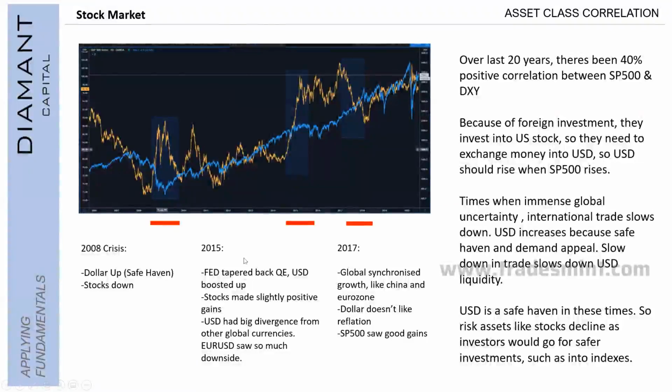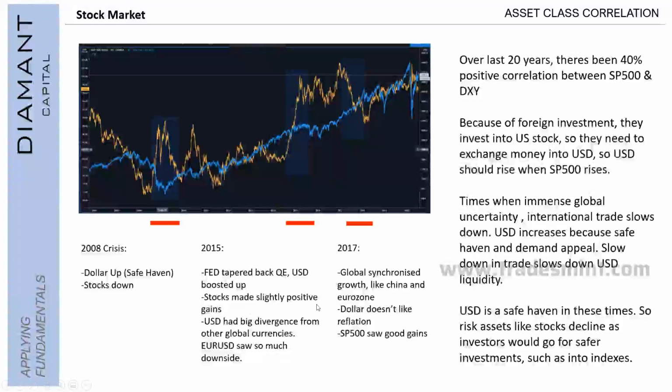In 2015, the Fed tapered back the quantitative easing program. If we think back to that lesson where we learned about quantitative easing, and the lesson afterwards where we talked about how tapering occurs, this is exactly what happened. Therefore, the US dollar boosted all the way up, as seen by this orange line over here.